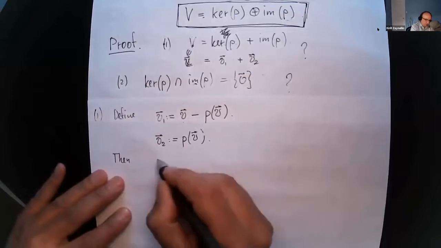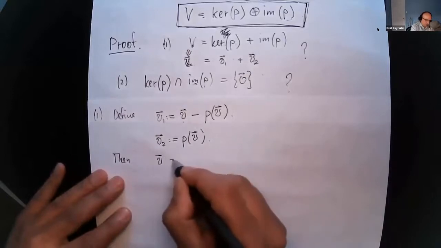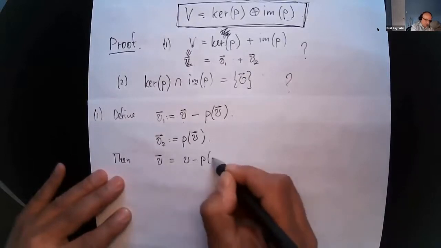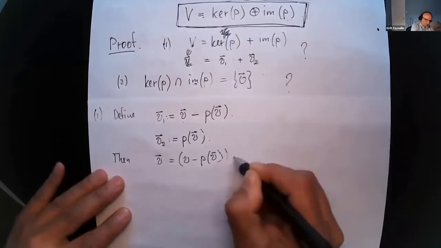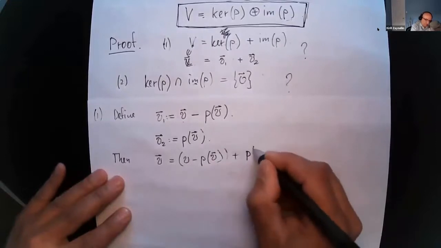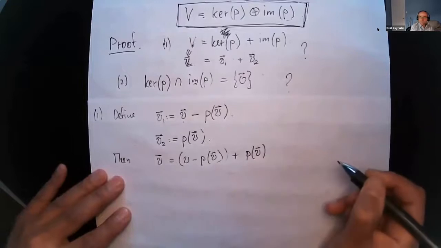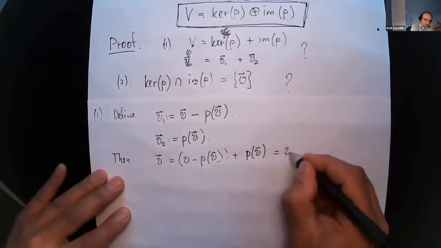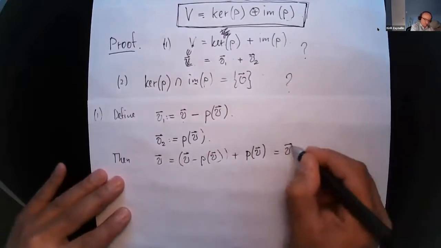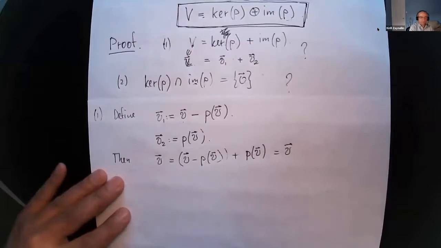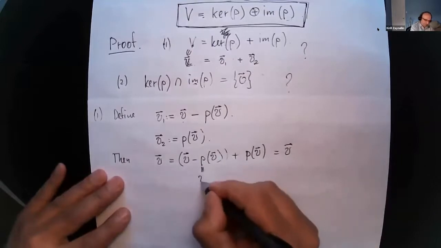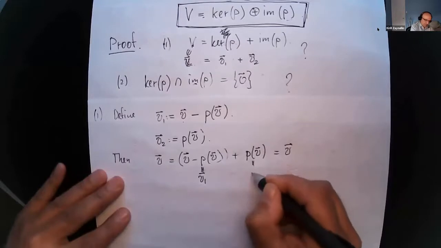Clearly V is just V minus P of V plus P of V, and this is exactly V. That's okay. But on the other side, this is V1 and this is V2.